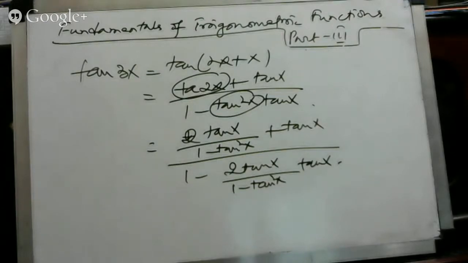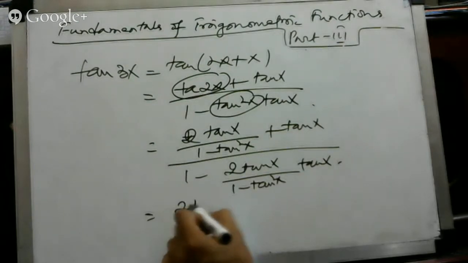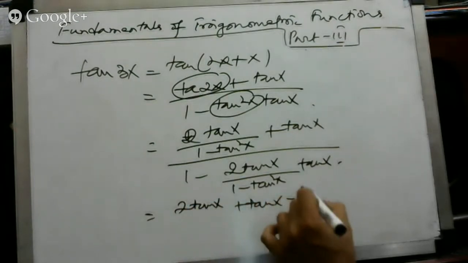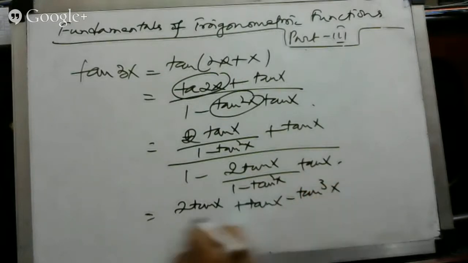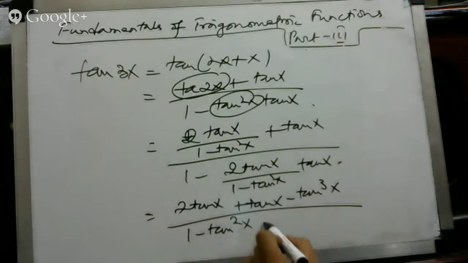Now this top one becomes 2 tan x plus tan x minus tan cube x. Bottom one becomes 1 minus tan square x minus 2 tan square x.